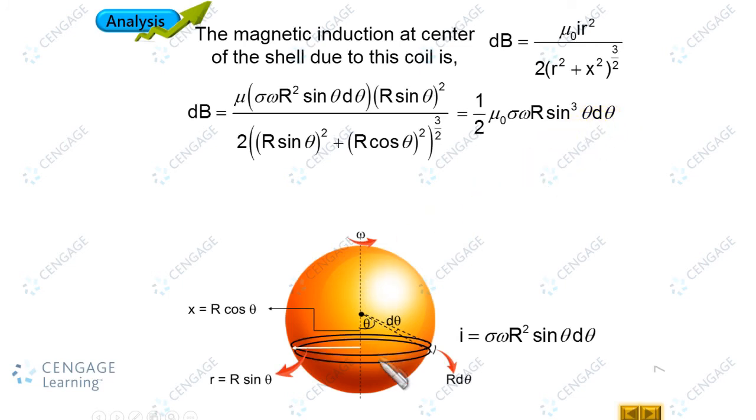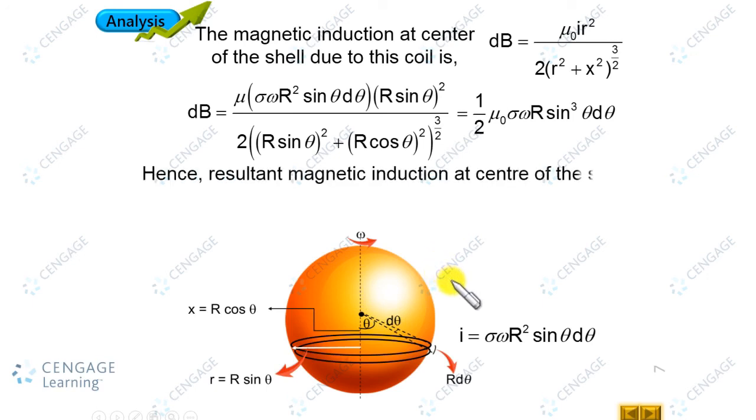If we want to calculate the magnetic field due to the complete structure, we need to integrate this term, and the limit of integration should be from 0, because the very first ring will be at angle theta equal to 0 and the last ring will be at theta equal to pi. So for calculating the magnetic field, we should place the limits 0 to pi and integrate this term.